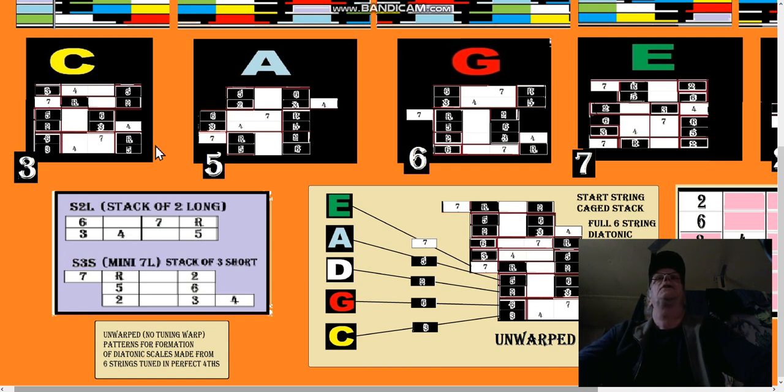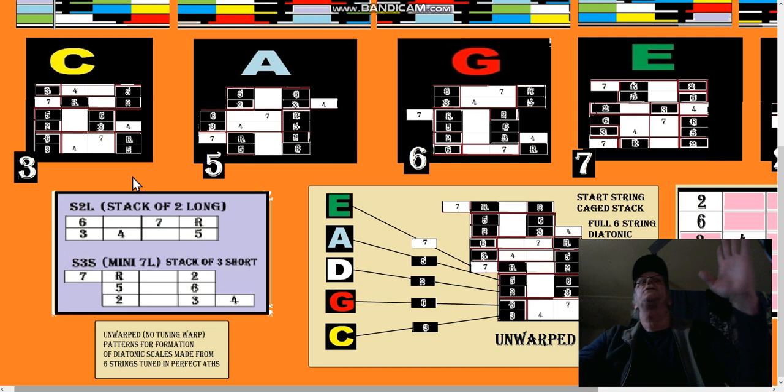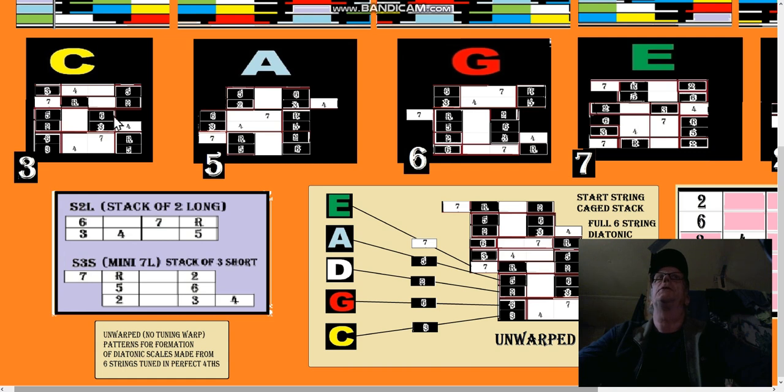So if you started any key, up and down the neck, the 12 keys, on that third string, where that was the second of that key, and went up following the patterns and the warp, you would be doing the top part of a C pattern.